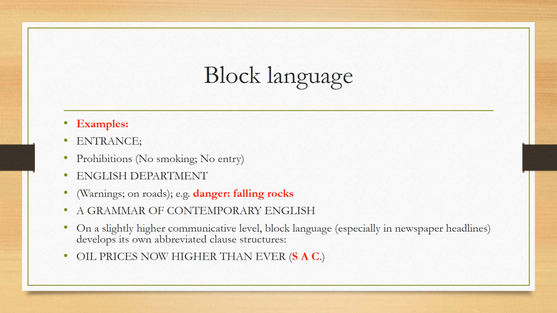So you see here, they are using only the important elements that can tell the reader about the main idea of the news that he is going to read. And what is this major element? It is only the noun, whether it is a single noun or a noun phrase or a nominal clause. The verb is not all the time necessary, because it can be understood from the context.